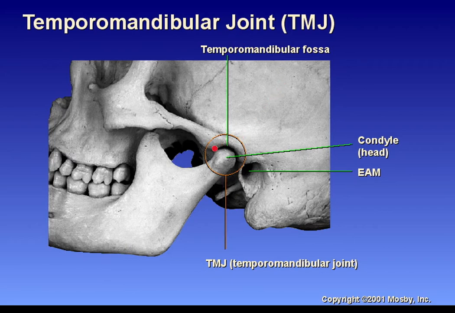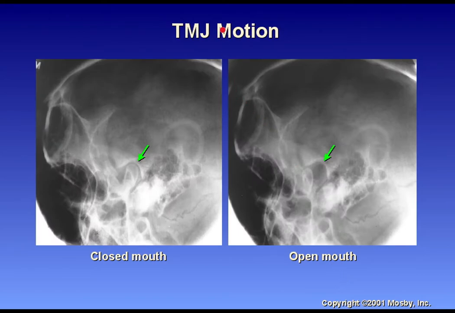Temporomandibular joint, the temporomandibular fossa, like we talked about, the condyle, the head, the EAM right here. The temporomandibular joint is the entire thing. So the condyle and the fossa make up the temporomandibular joint. TMJ motion.